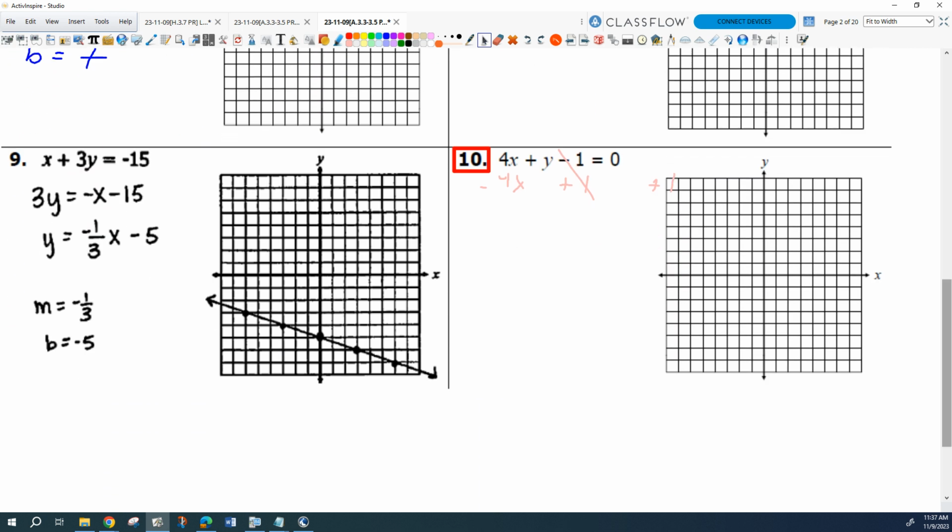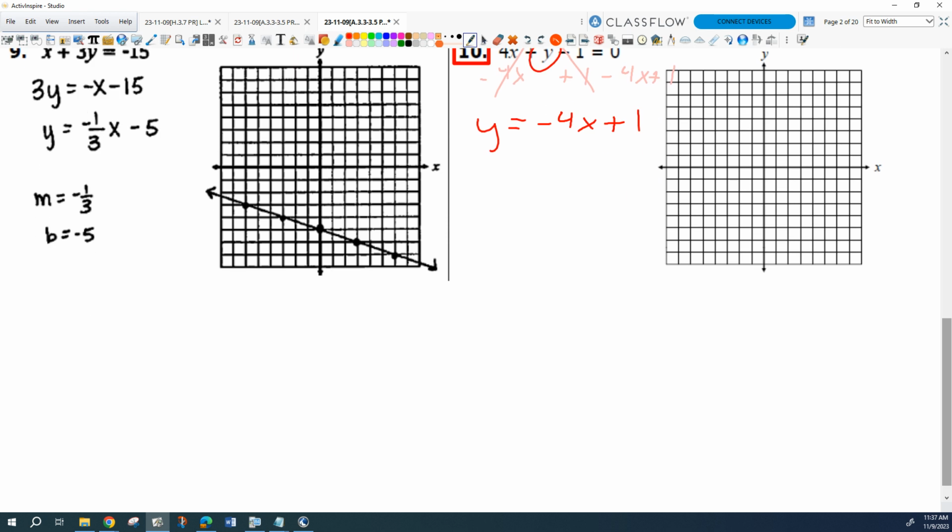Okay, so then we're going to subtract. We said we're going to subtract the 4x from both sides. And what do we get then? We get y by itself equals 0 minus 4x plus 1. Bingo. Okay, so what's my slope? -4.